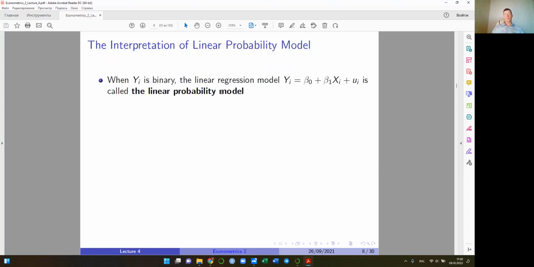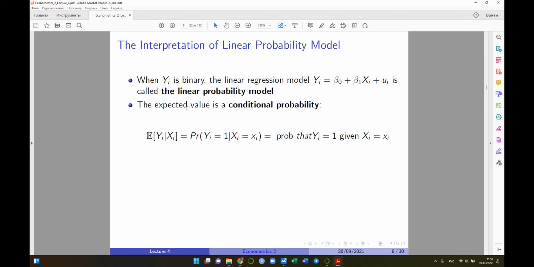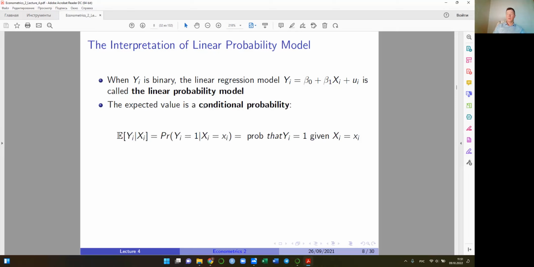When y is binary, the linear regression model is called the linear probability model. We are trying to capture the probability of y when we know something about x. And as we said, the expected value of y is a conditional probability.